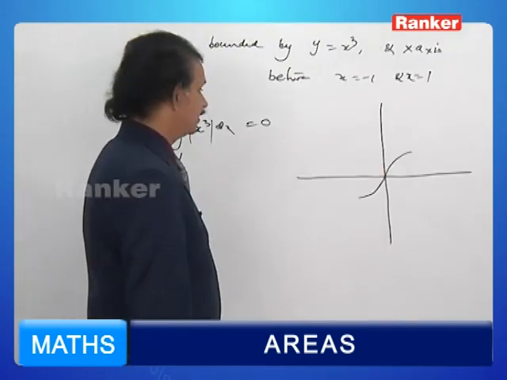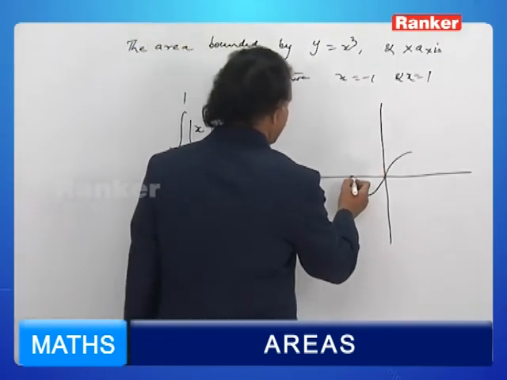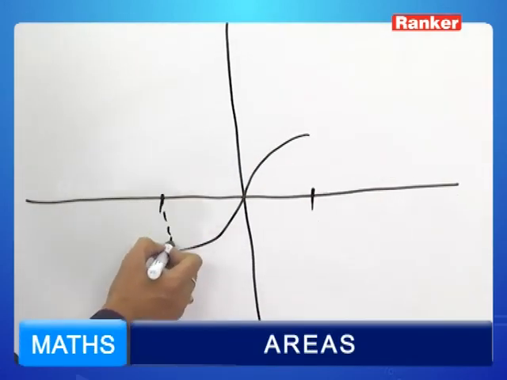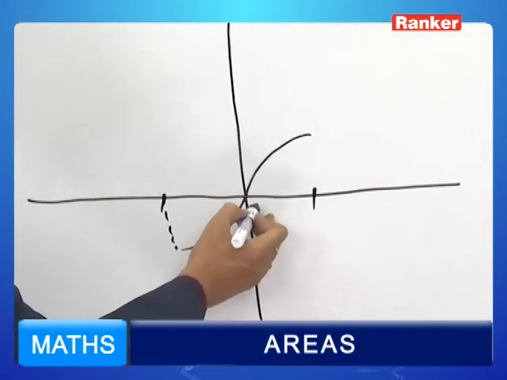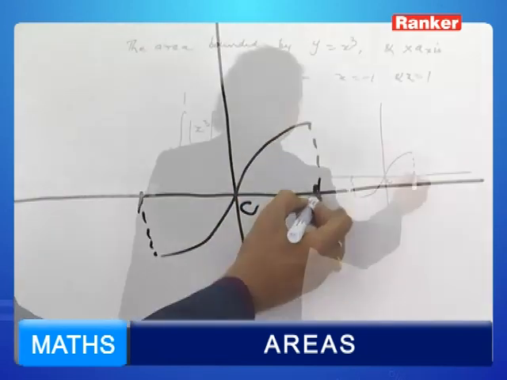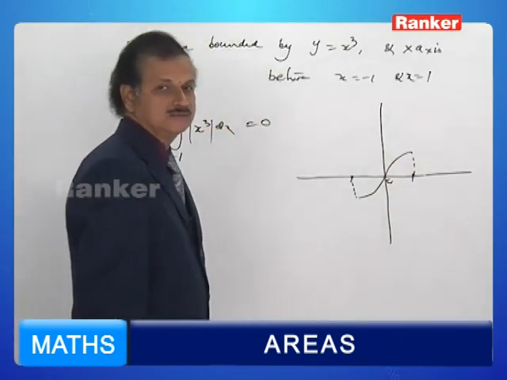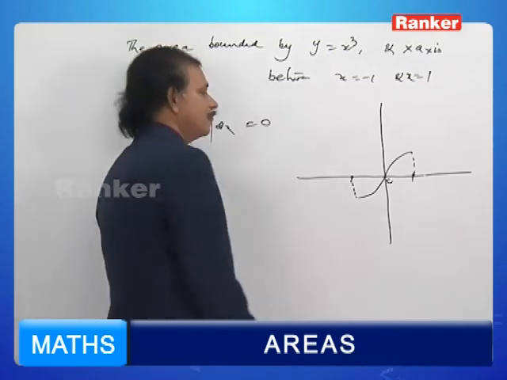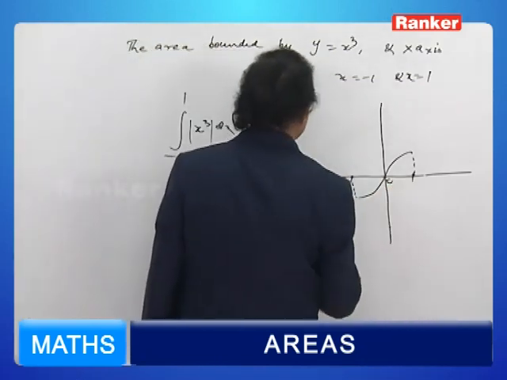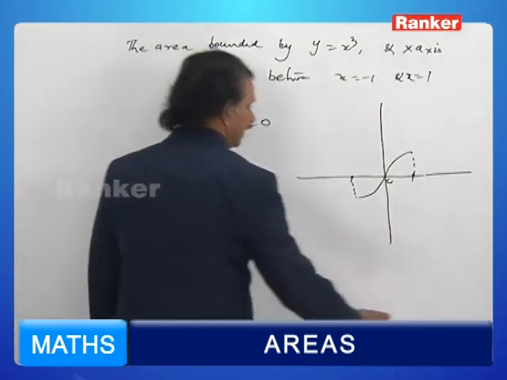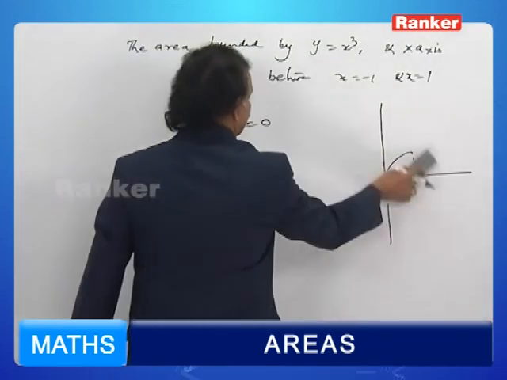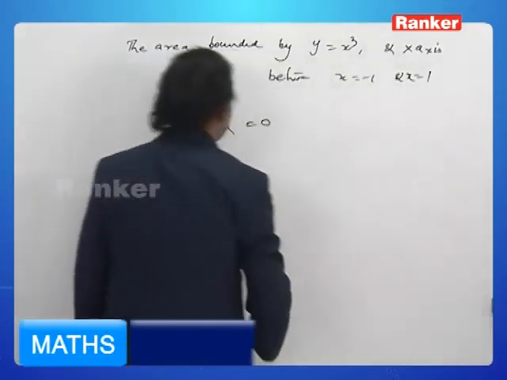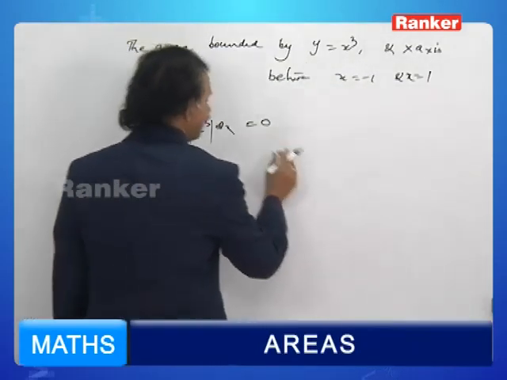Observe that, from minus 1 to 1. From minus 1 to 0, it lies below the x-axis, and from 0 to 1, it lies above the x-axis. Isn't it? Therefore, how can you split it? From minus 1 to 0, it acts in one way, and from 0 to 1, it acts in another way.